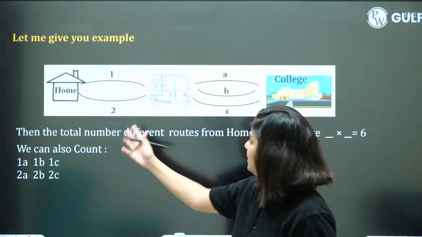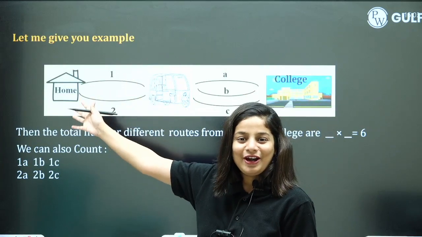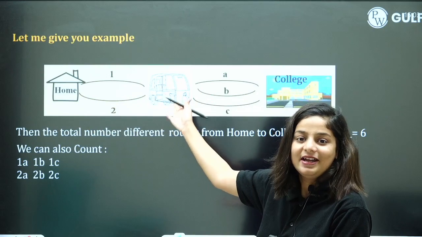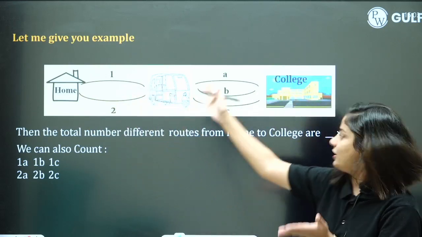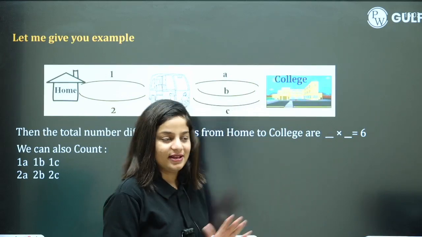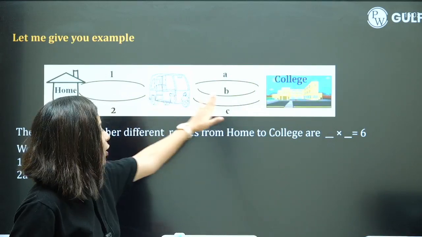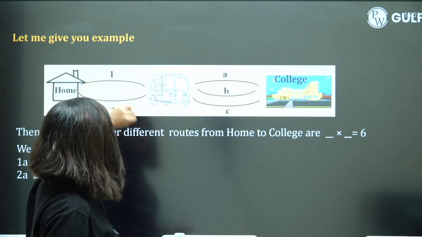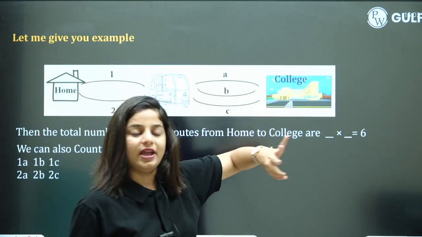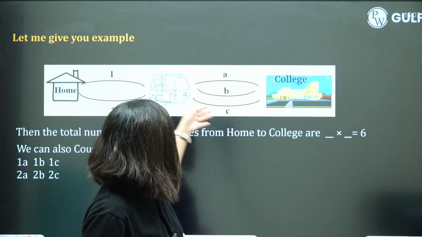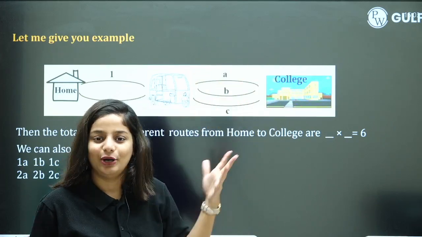Another example: if you're leaving your home, walking some distance, catching an auto, and after the auto going straight to your college. So home, auto, college. From home to auto you can go in two ways. From auto to college you can go in three ways: walking, or running, or flying, whatever.